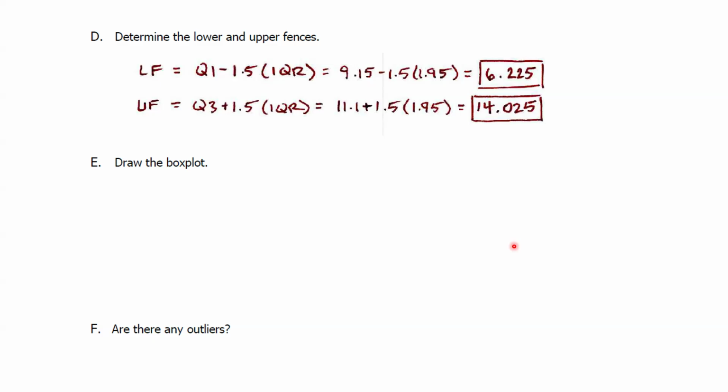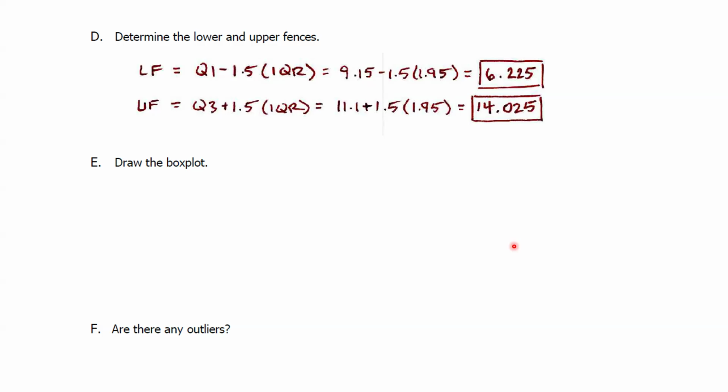Next I will draw my box plot. I'll first draw my number line, making it long enough to include all of my data values. I'll then plot my Q1, Q2, and Q3 and create a box. I'll put the brackets on my lower and upper fence.